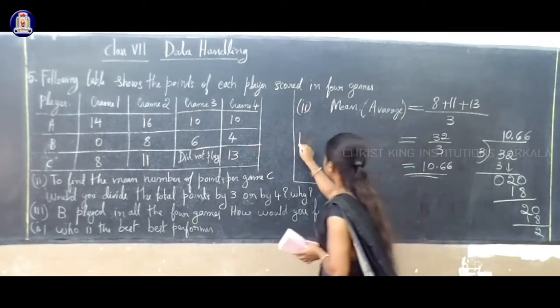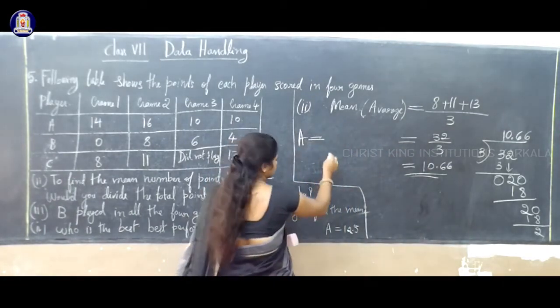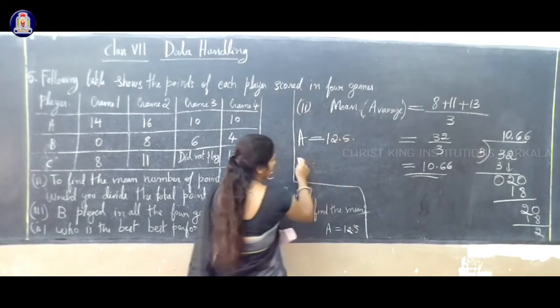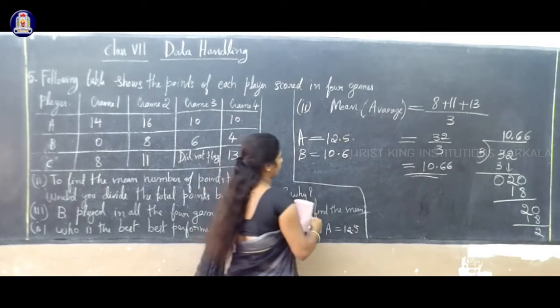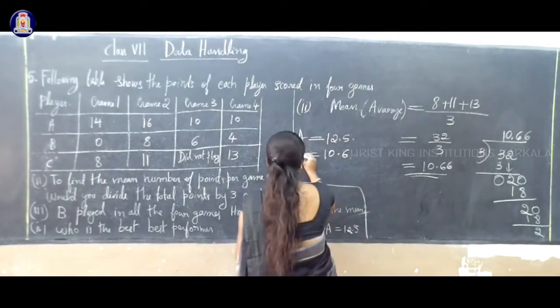Okay, now A's average is 12.5 and C's average is 10.6.